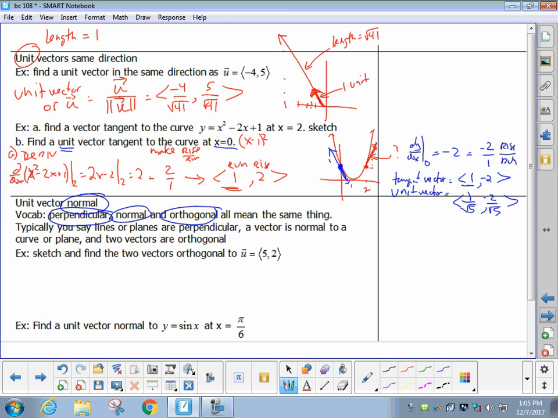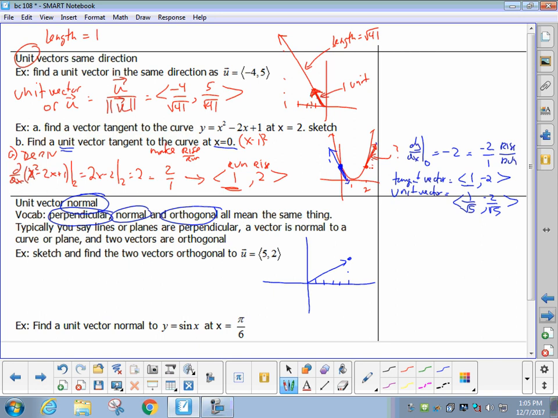All right, so if I asked you to find 2 vectors orthogonal to <5, 2>, I'm actually making it easy on you. Because if I draw this, 1, 2, 3, 4, 5, here's vector <5, 2>. Are there two vectors perpendicular to that? No, a lot. You tell me.